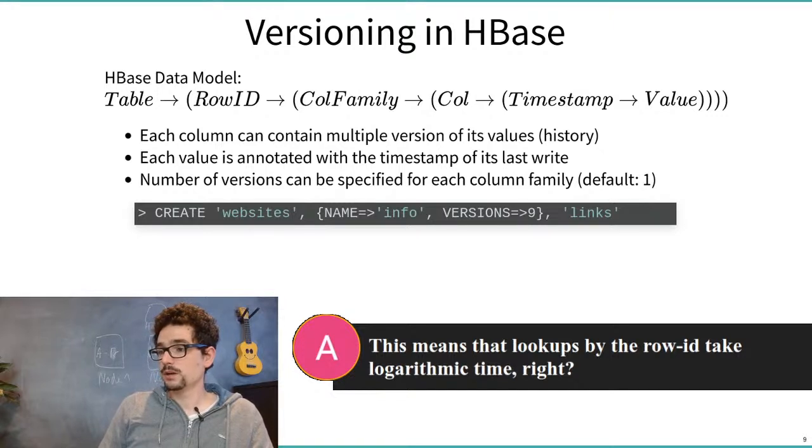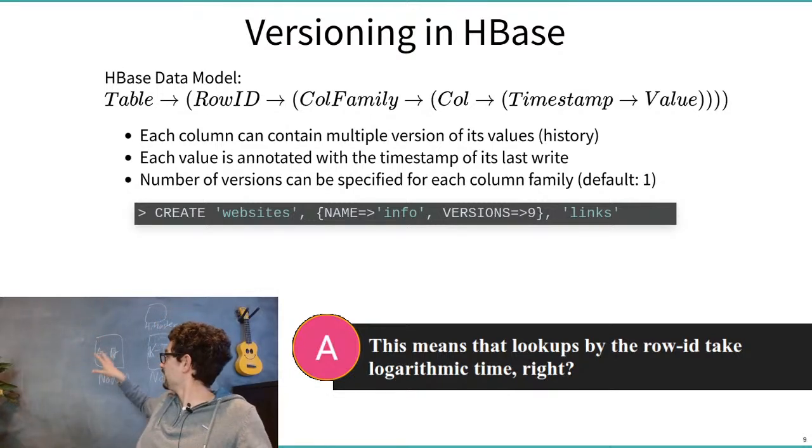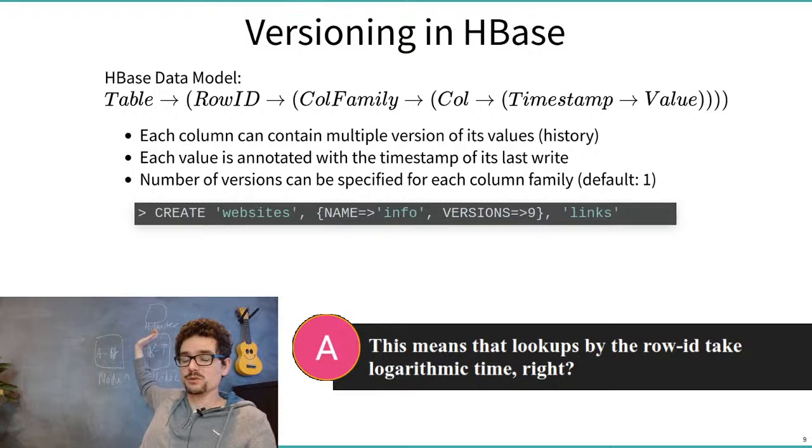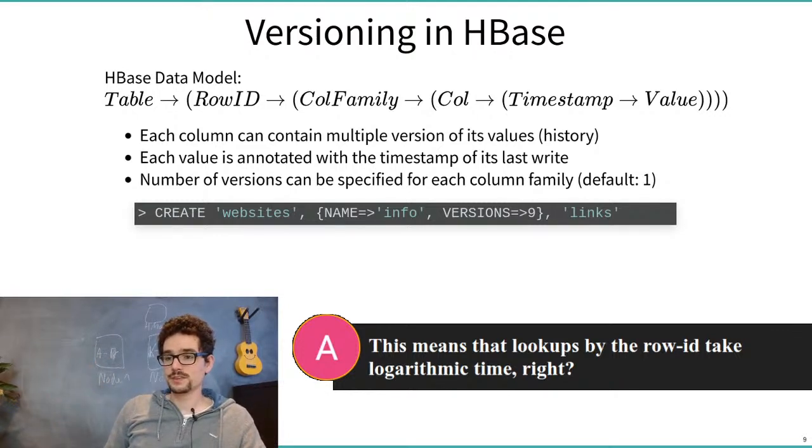It means that lookups by the row ID take logarithmic time, right? Hash would be constant time, and if it has a tree on the row ID, and I think this is the case, then basically you need a tree to find first of all the node where a specific row ID is stored, and then within the node again a tree structure to find where the row is stored.